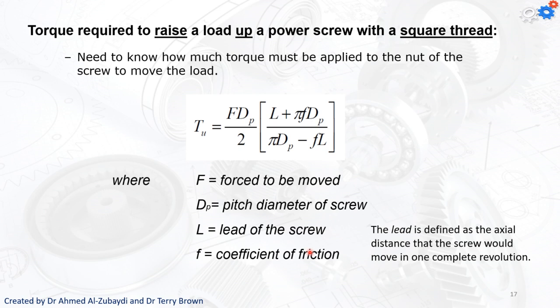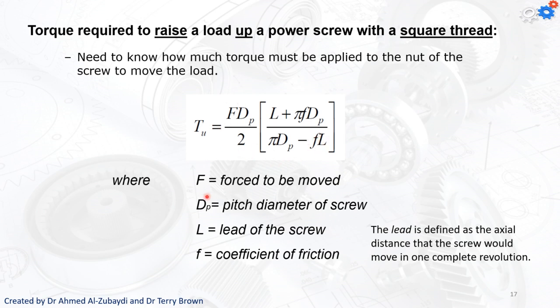The torque is equal to F multiplied by the pitch diameter divided by 2, times the lead plus pi f dp, divided by pi dp minus fL.